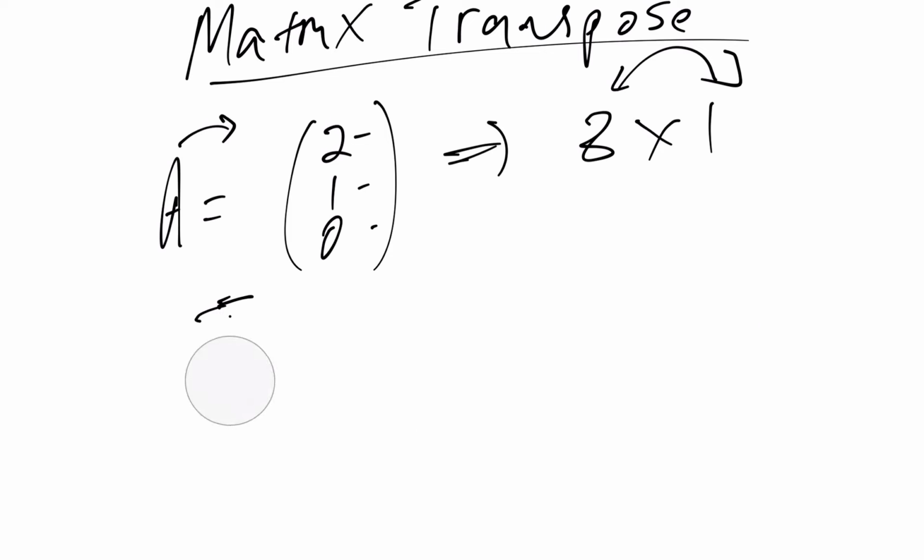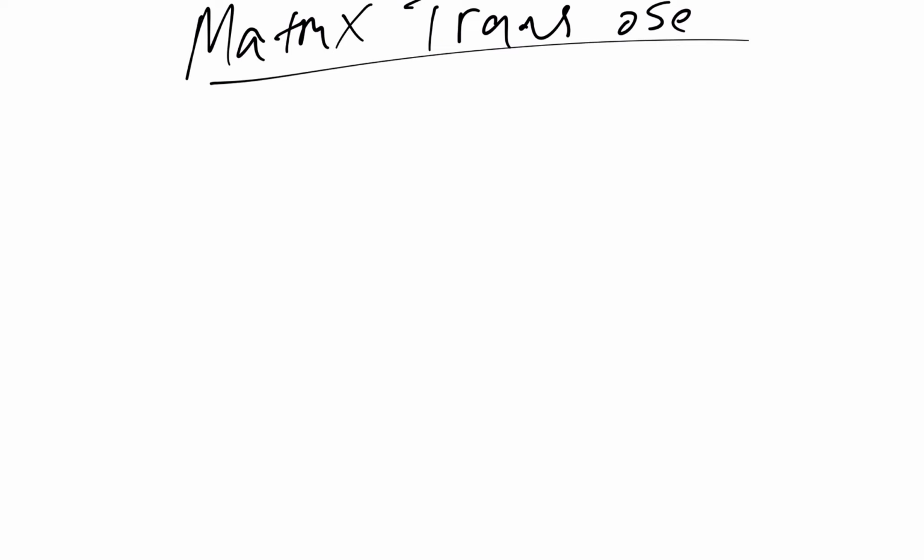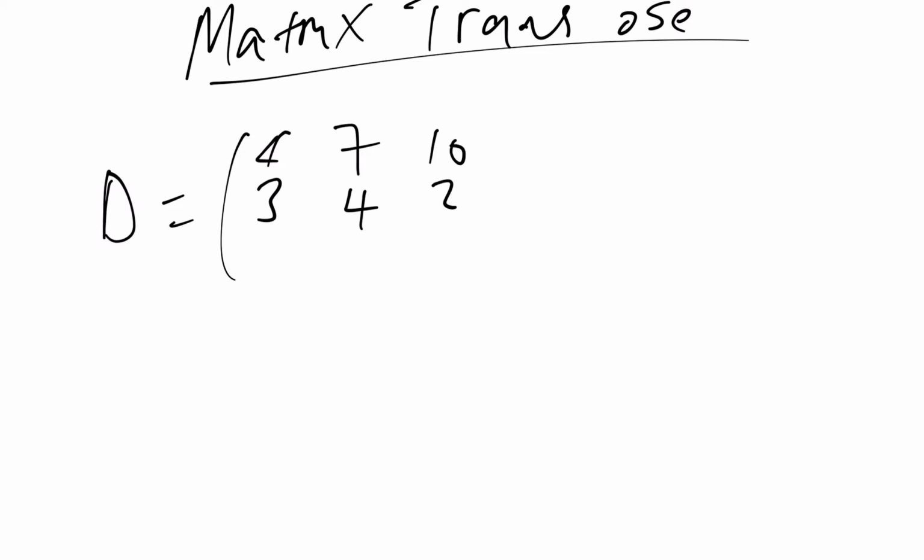Another example. Let's say matrix D is equal to 4 7 10, 3 4 2, 2 1 0, and 3 2 1.